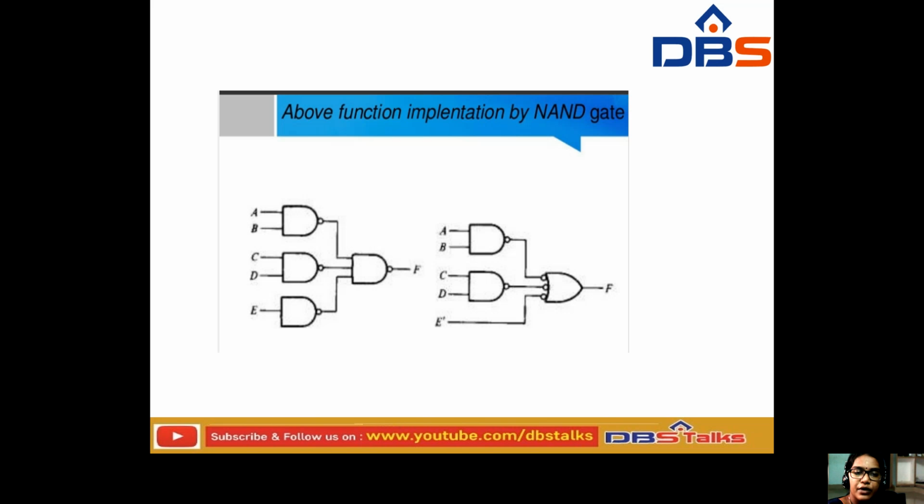See what the function implementation by the NAND gate is. The following is the implementation of the NAND gate here.